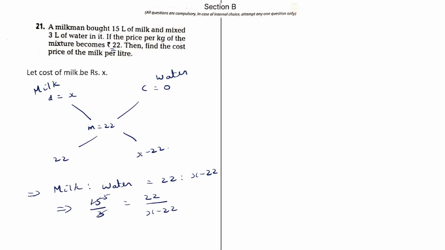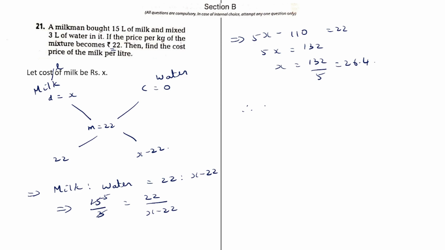So here let the cost per liter of milk be x. So here 5x minus 110 equal to 22, or 5x is equal to 132. x is equal to 132 by 5, which is 26.4.